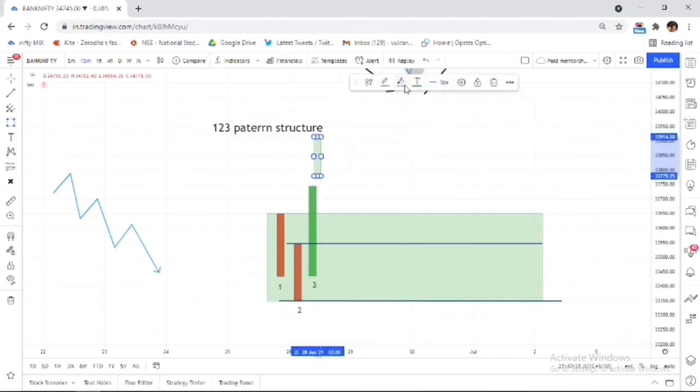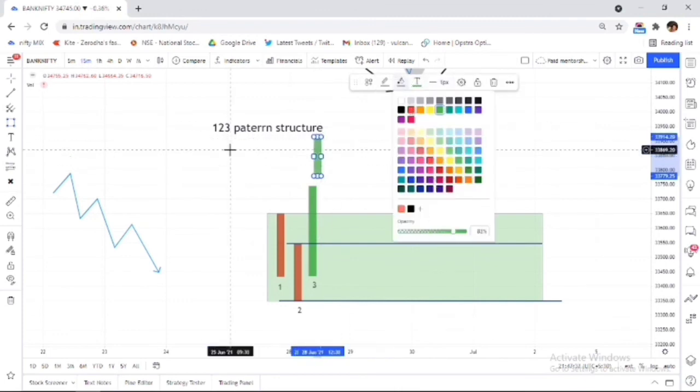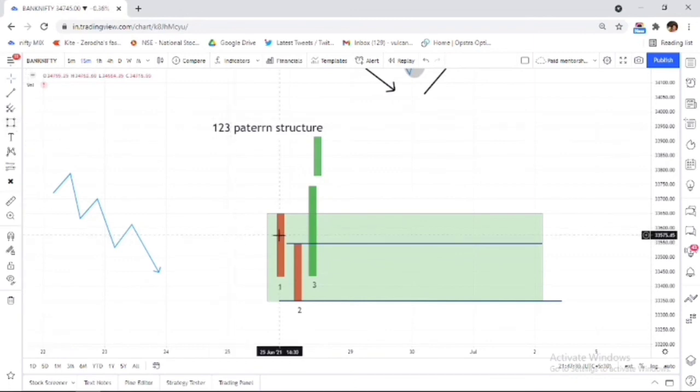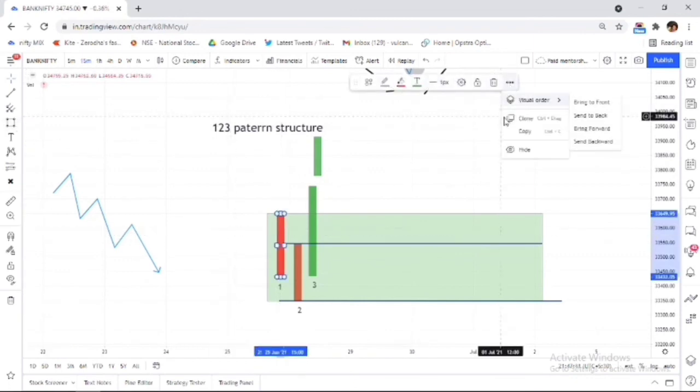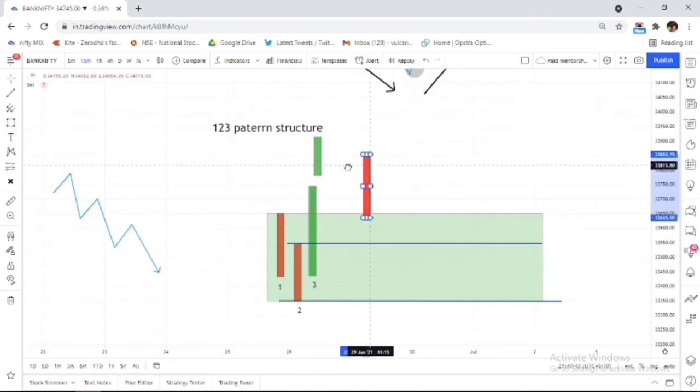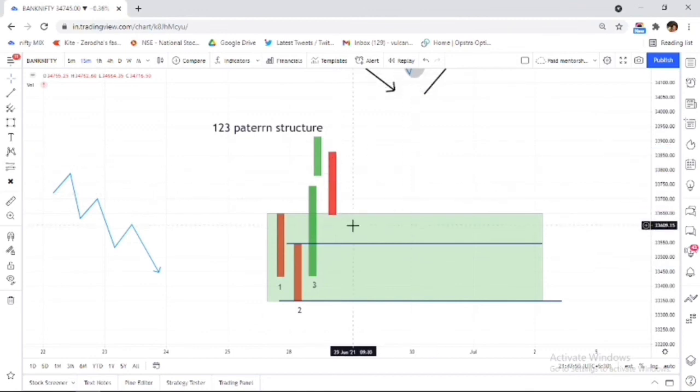Actually what happens when the market forms this kind of structure is that it leaves my order block for some time, and after leaving it comes back again and takes orders from my order block, either in the upper side area, or the second candle high area, or the middle area. These are the possibilities of the market taking orders from the order block.